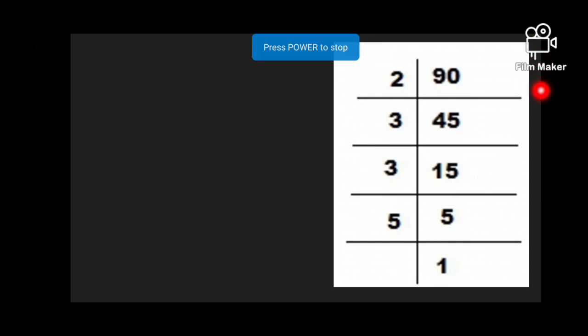In this example, 90 is also an even number, and when we find the HCF by the division method, we split the number into prime factors, so we will use the smallest prime number, that is 2. 2 45s are 90. 45 is an odd number. It cannot be divided by 2, but it can be divided by 3.